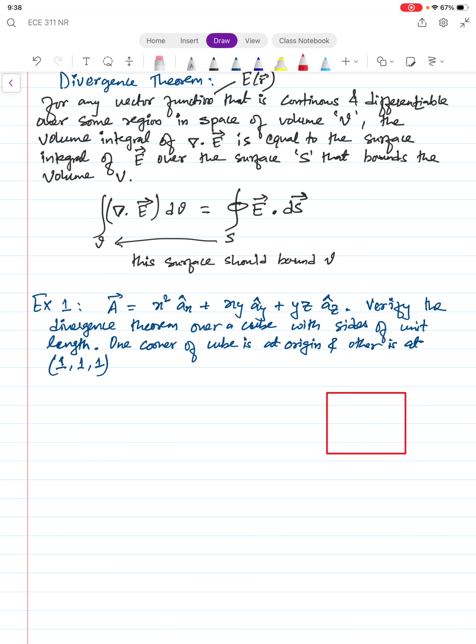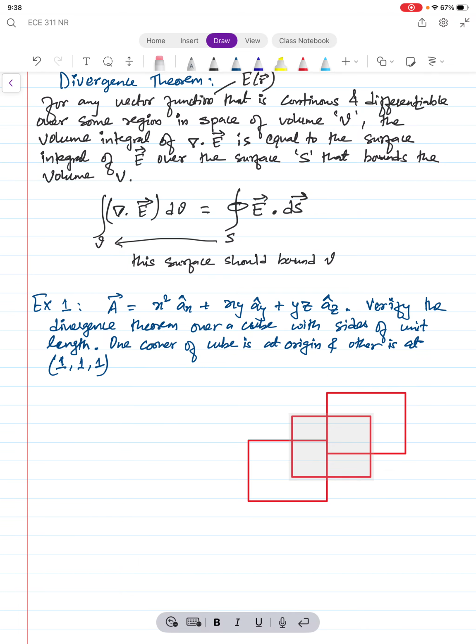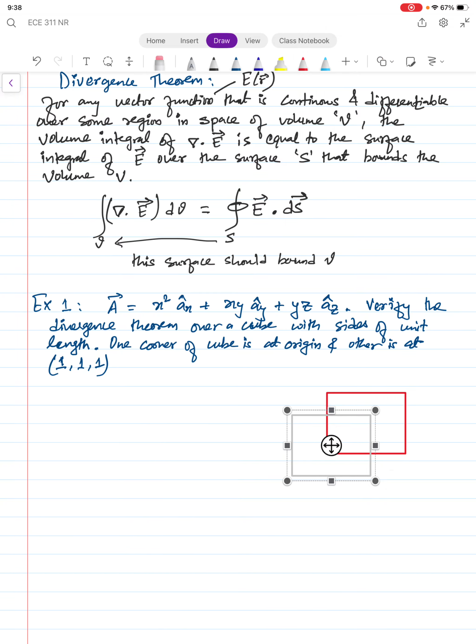Okay, there is a cube, and I select this, copy, paste that cube, take it somewhere over there. Okay, that is our cube.